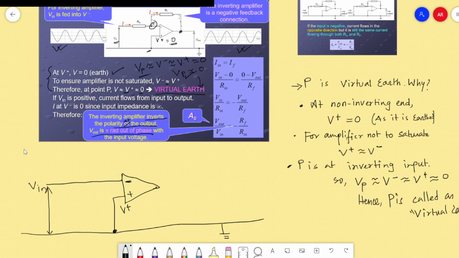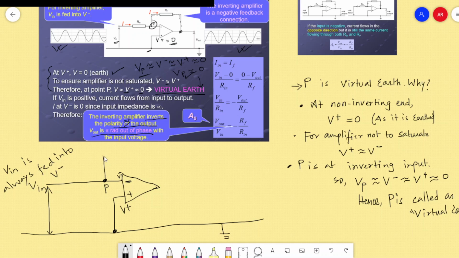This is the inverting amplifier we are talking about. Input V in is always fed into V minus. P is the point right here.